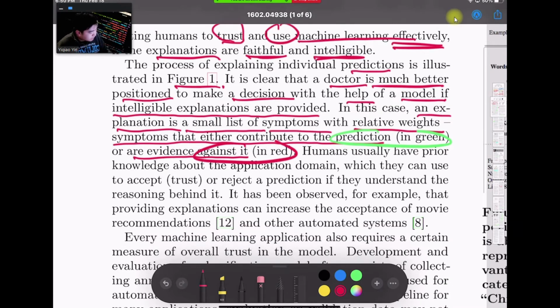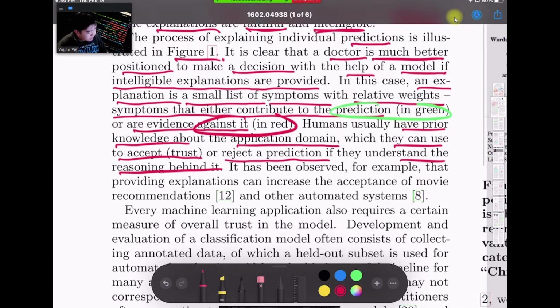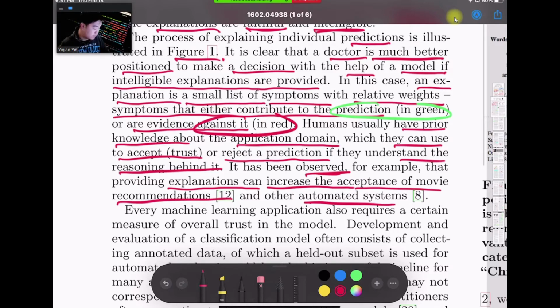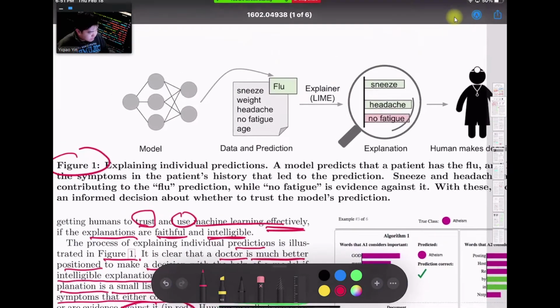And then they're saying humans usually have prior knowledge about the application domain which they can use to accept or trust or reject the prediction if they understand the reasoning behind it. It has been observed, for example, that providing explanations can increase the acceptance of a movie recommendation or some other automated systems, right?